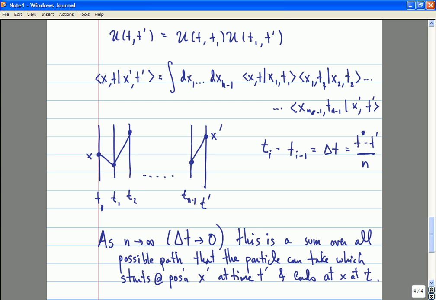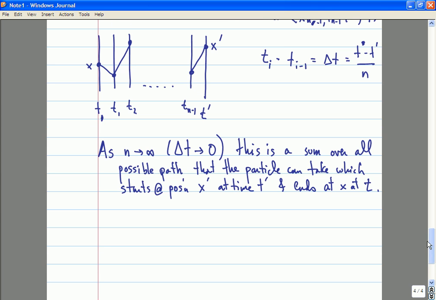Because when you integrate over x1, x2, and so forth, and then you take the limit where delta t is getting very small, essentially what you're doing is you're summing over all possible paths that you can take between these 2 points. So what that means is that we expect that there should be a formula for this propagator which can be written as an integral over all paths that the particle can take between these 2 points.